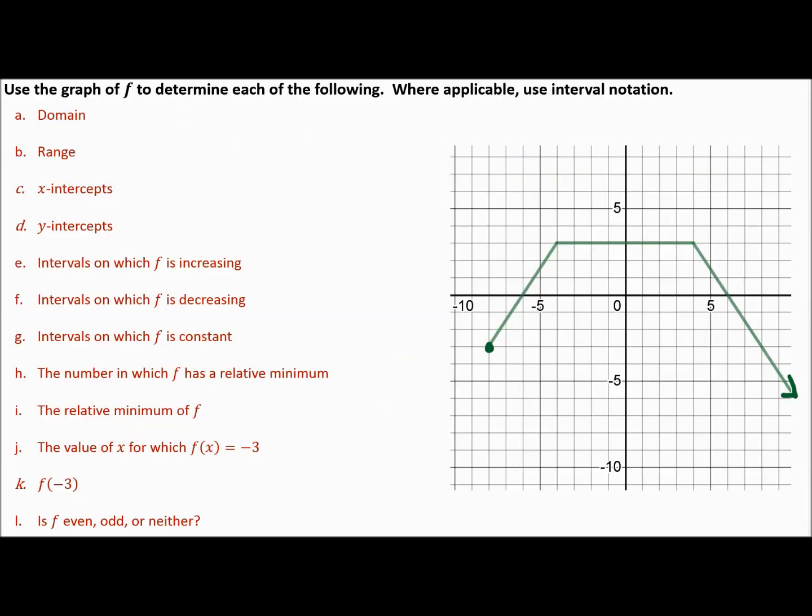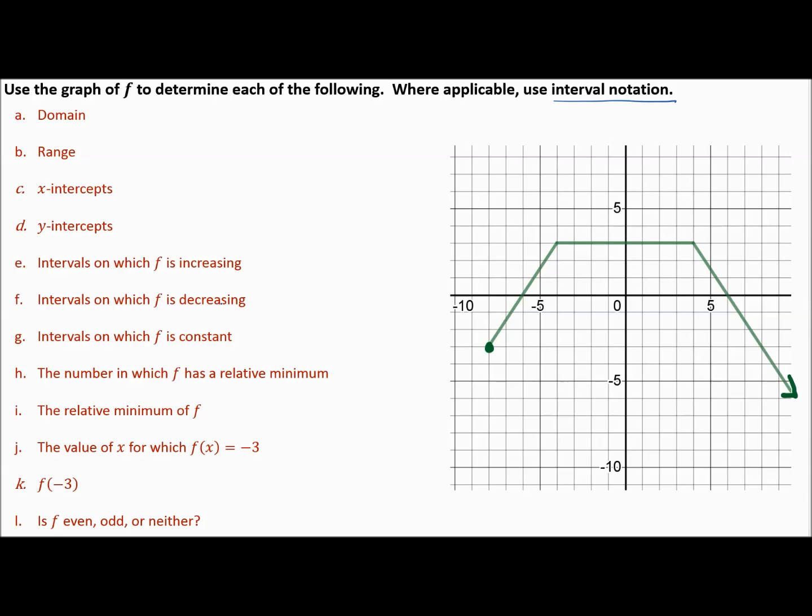Alright, so I have another practice problem for you. It says use the graph of f to determine each of the following. Where applicable, use interval notation. Okay, so let's remind ourselves, when do we need interval notation? Well, interval notation happens for domain, range, increasing, decreasing, constant, and sometimes other situations.